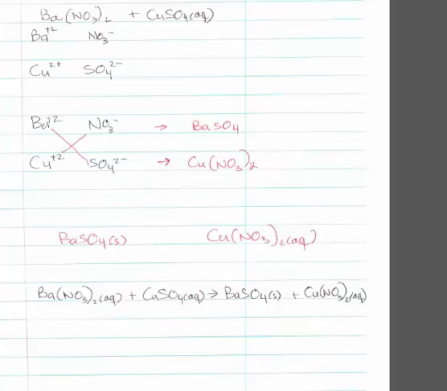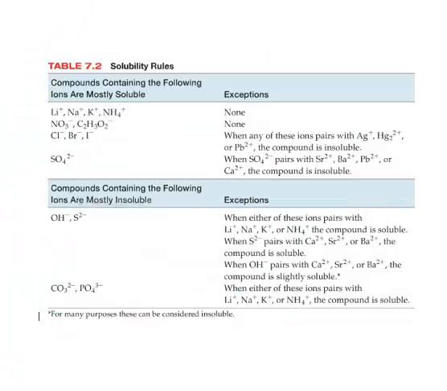I'm going to figure out whether that is soluble or insoluble. So here's sulfate. Sulfate is in the soluble section except when it's paired with strontium, barium, lead 2, or calcium. So that means it's insoluble. So I go back to my work.